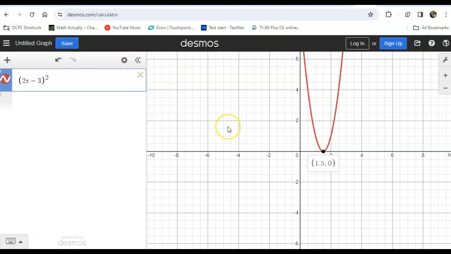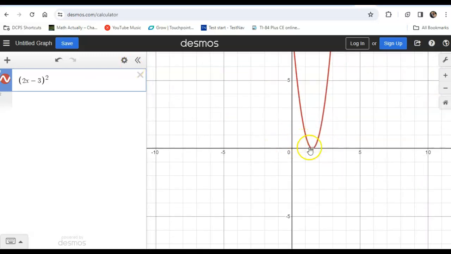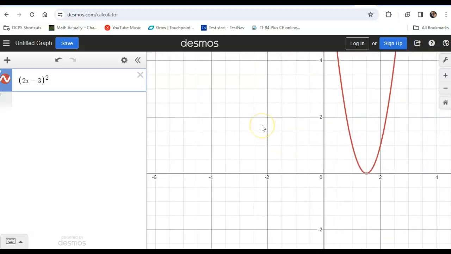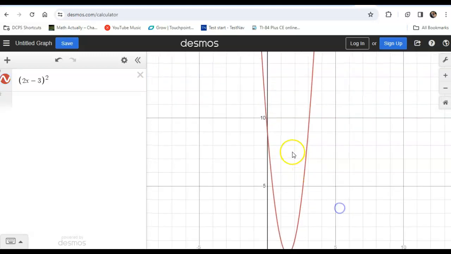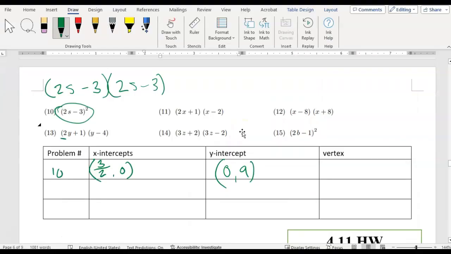And then notice that is also our x-intercept, right? Because there is only one, that is also our vertex and our x-intercept. And then we can go up here and see that, yes, in fact, 0, comma 9 is my y-intercept. Okay, so here the vertex is going to be 3/2, comma 0. Again, because there's only one x-intercept, and that is your vertex.